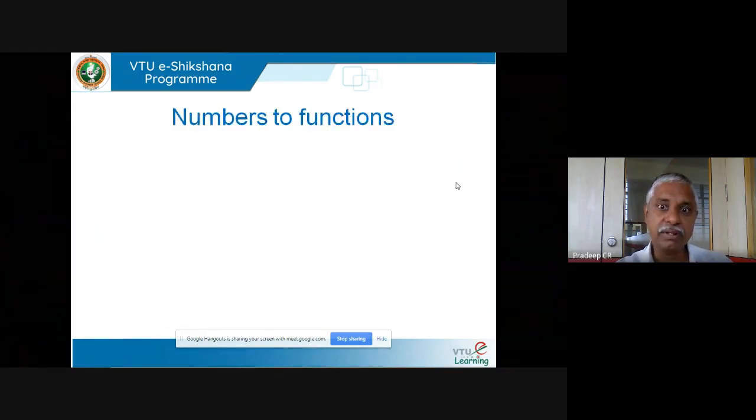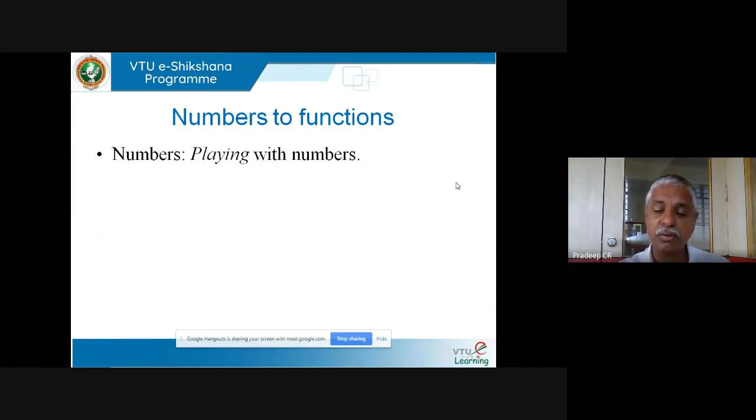Okay. I would like to start at the very beginning, with very elementary things. Since you are all in university, you must have already made a transition from numbers to functions. What does it mean? Let me go slow. In your very first standard, whenever you entered school for the first time, you were taught numbers.